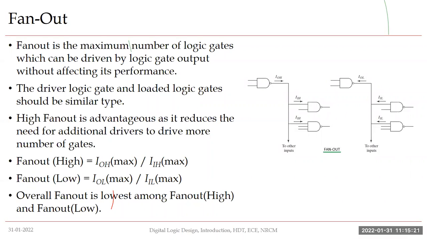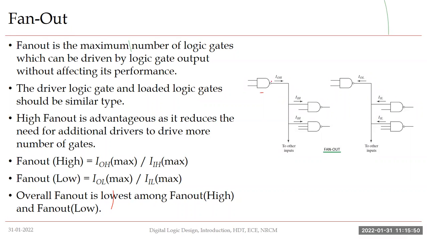Similarly, for a circuit, it is very important to see how many circuits of similar type a gate can drive. Here you can see there is a 2-input NAND gate, and multiple 2-input NAND gates, and we are trying to see how many such NAND gates this NAND gate can drive. Why is there a limit?